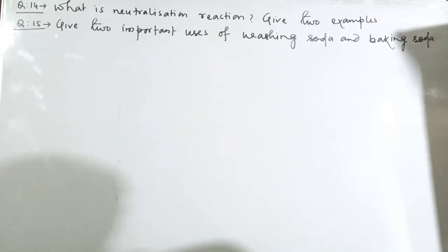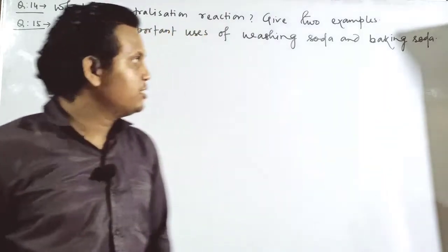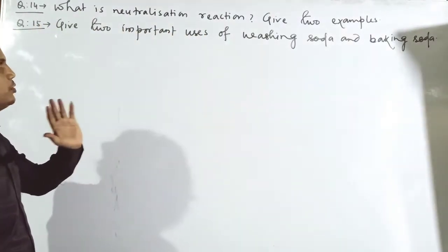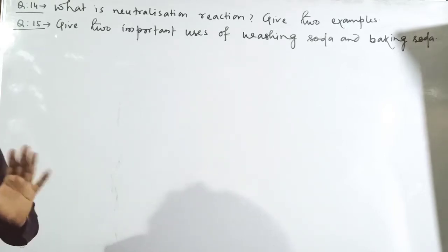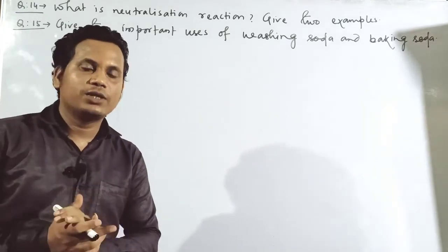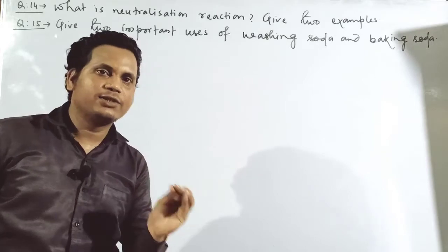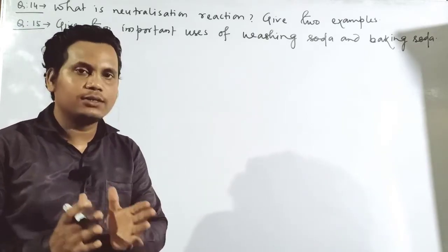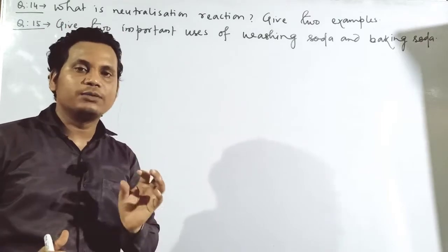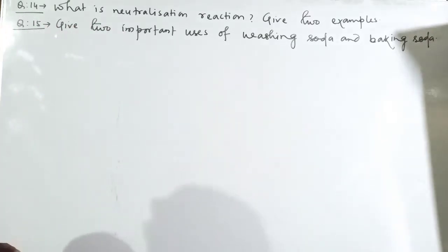So question number 14. What is a neutralization reaction, and give 2 examples. So what is a neutralization reaction? When acid reacts with base. So the reaction of acid with base gives salt and water.